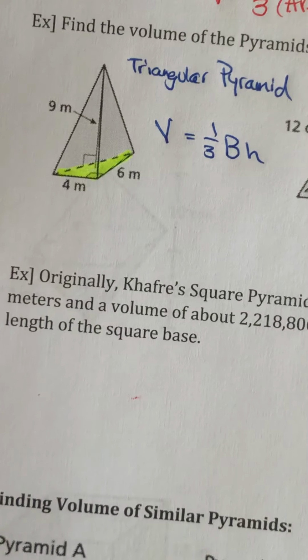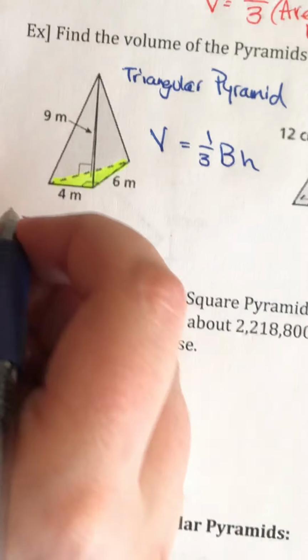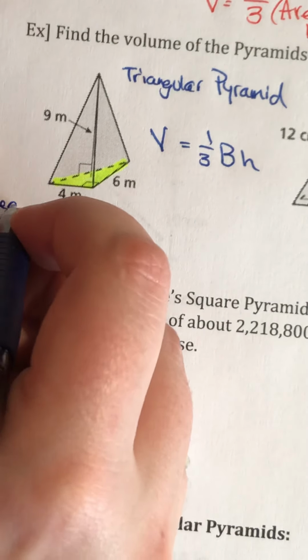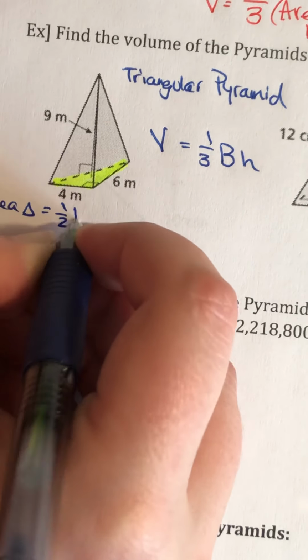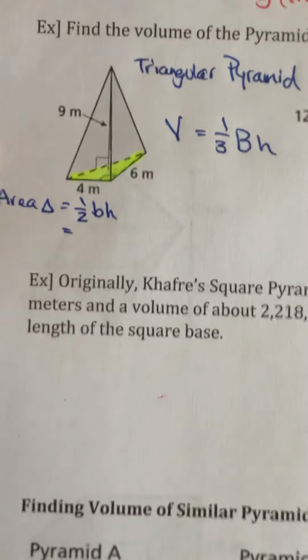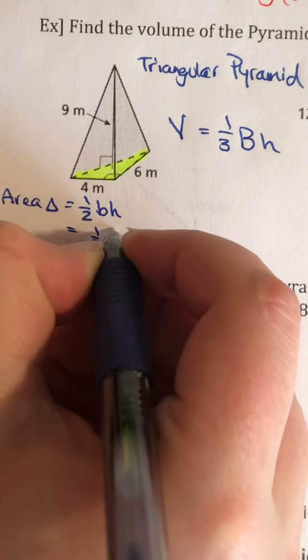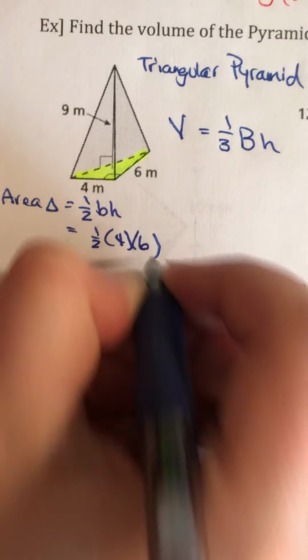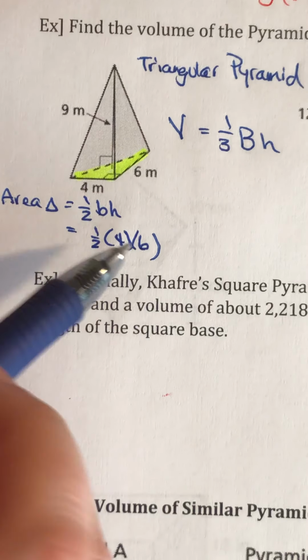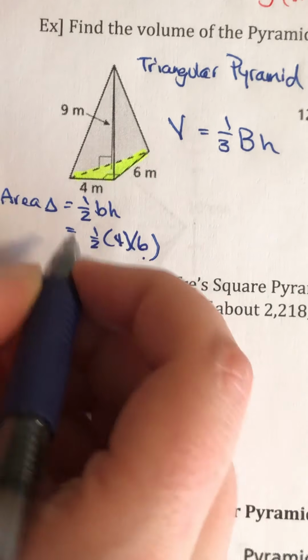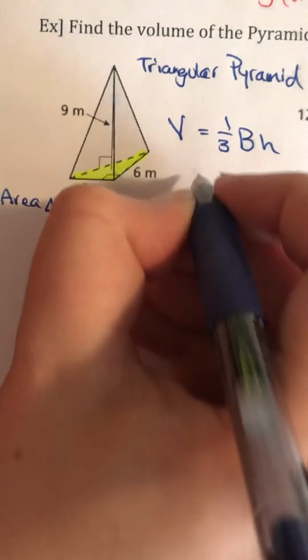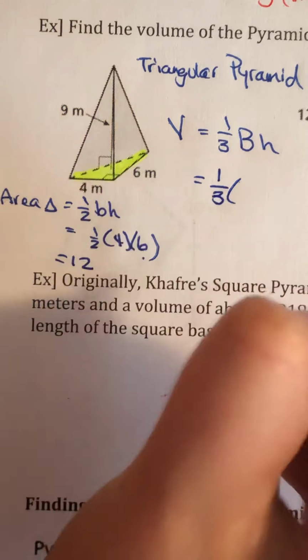So the area of the base is that triangle right there. Remember, the area of a triangle is 1/2 base times height. So we have 1/2, 4 times 6. 4 times 6 is 24. Half of that is 12. So that is the area of the base.